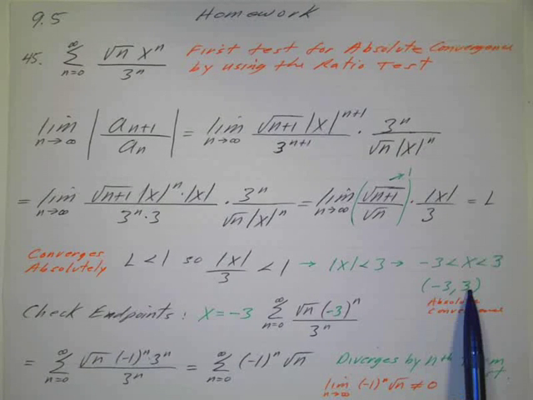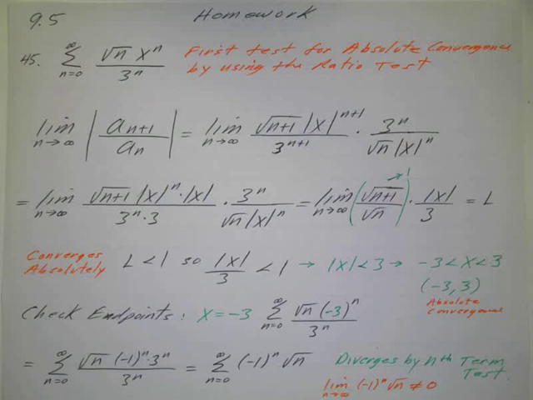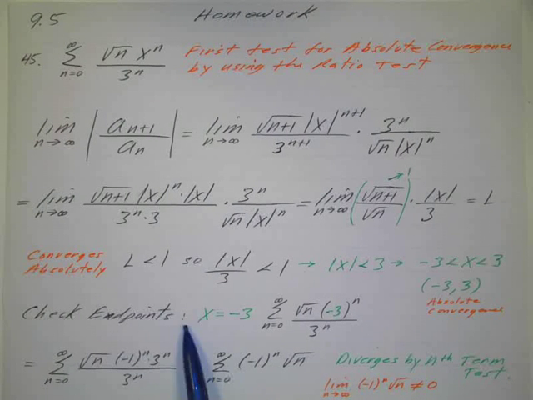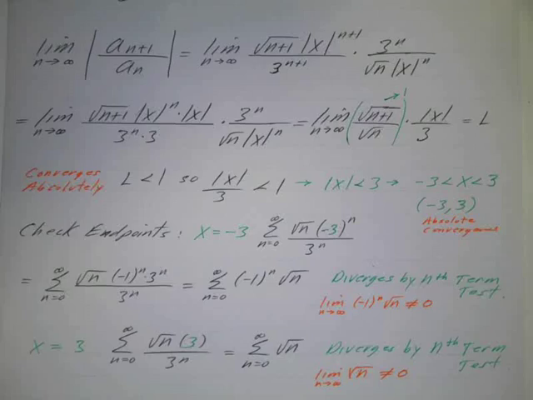It also converges for this interval, but we want to check the endpoints and see what's going on. At x equals -3, I can put -3 into my series, -3 to the n. I simplified over here so you can see what's going on.